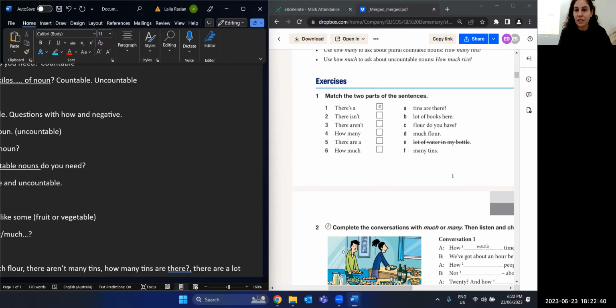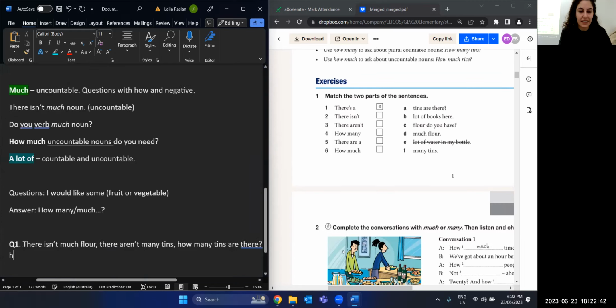There are a lot of books here, because there are a lot of is used with countable and uncountable, and books is countable. So it's used with there are or there is.